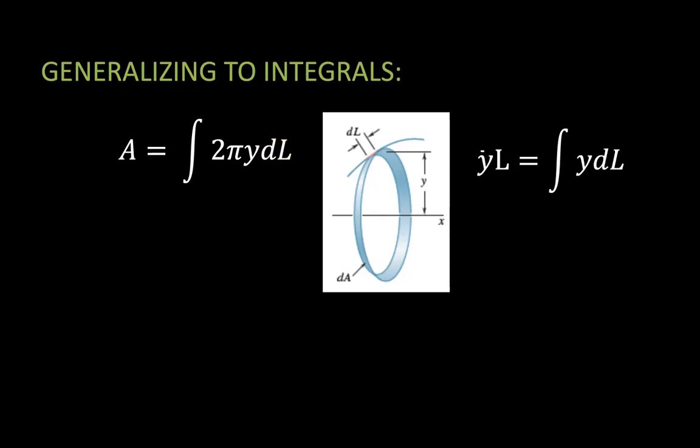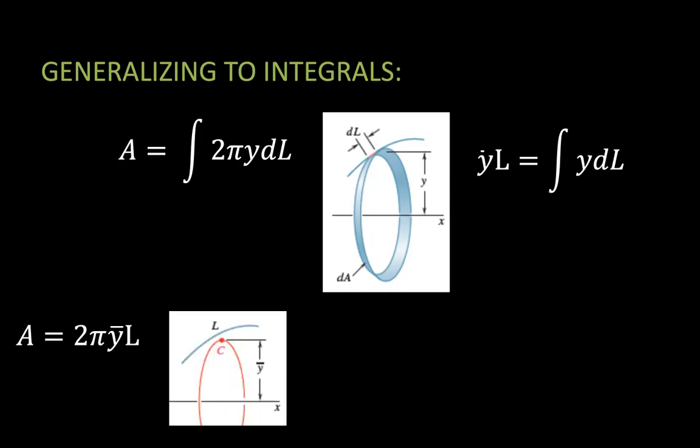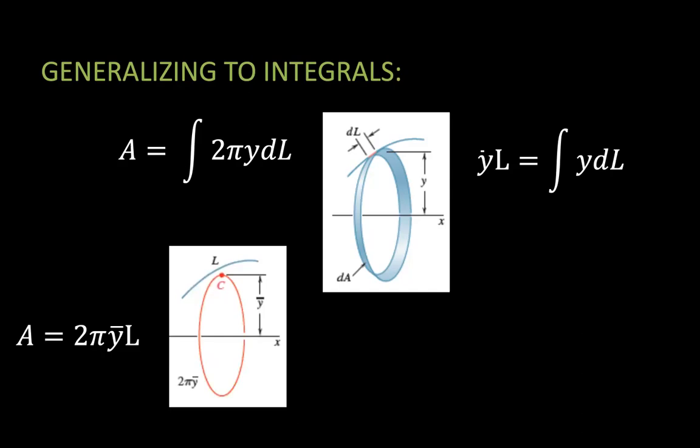Since we know that the y coordinate of the centroid times L is equal to the integral of y times dl, we can plug that in to get the total area of this curve generated by rotating it about the x-axis is equal to 2 pi times the y centroid times L, as we see over here.